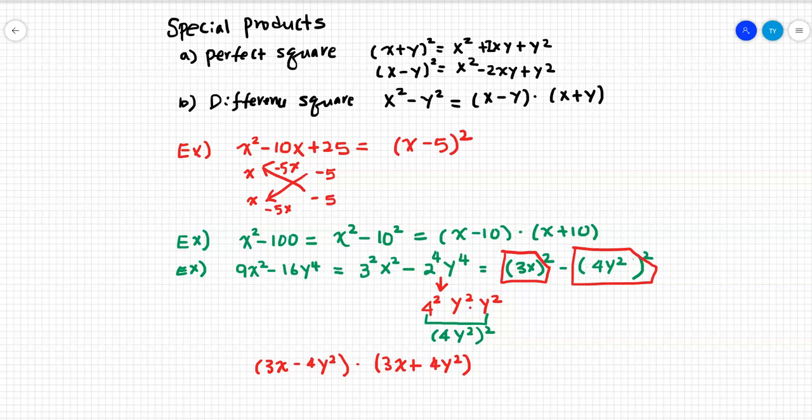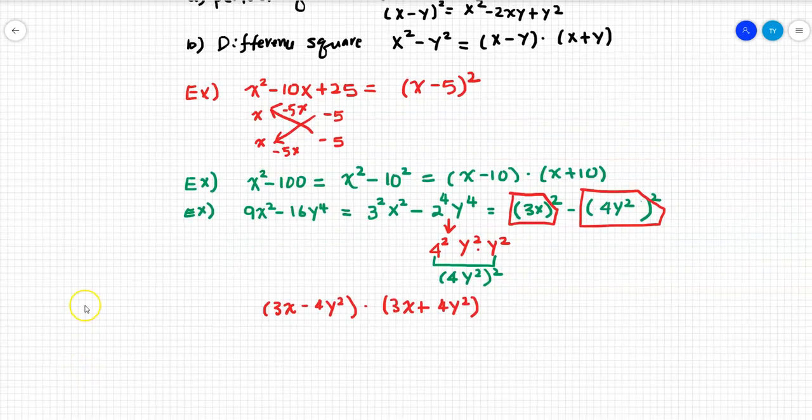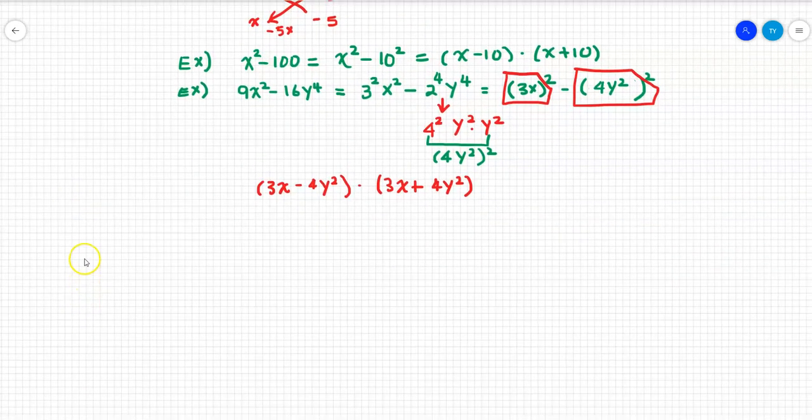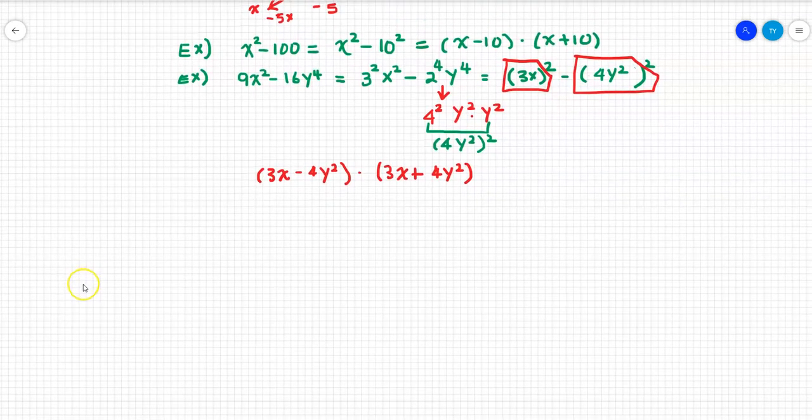So you're going to have to take care of the constant term as well as the variable, because you're going to have to apply the rules of exponents correctly, otherwise you're going to be in trouble.